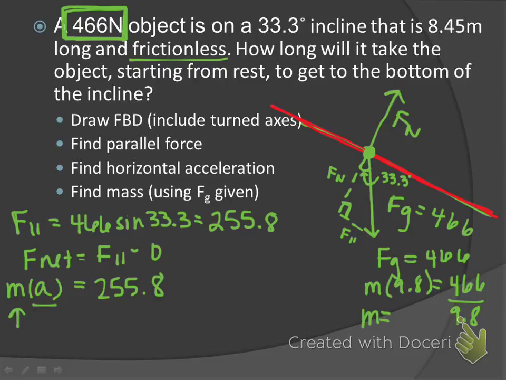Does that part make sense? This was given to us as Fg, so to solve for mass, we take 466 divided by 9.8. That should be something we feel really comfortable with by this point. So my mass is 47.6.